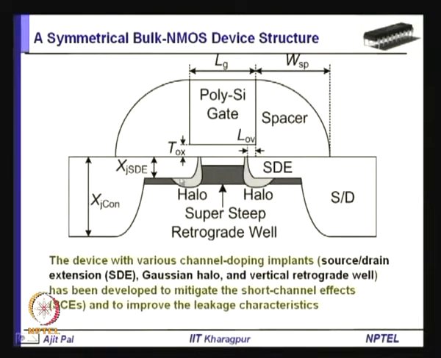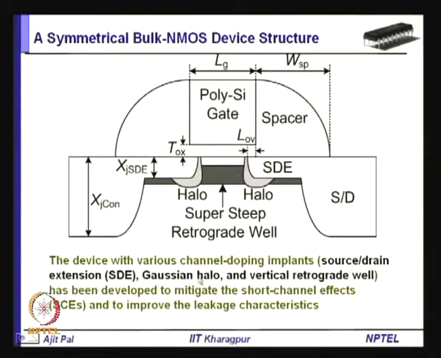Then there is a Gaussian halo and a vertical retrograde well. You can see vertically there is a variation. These things have been developed to mitigate short channel effects and to improve leakage characteristics.